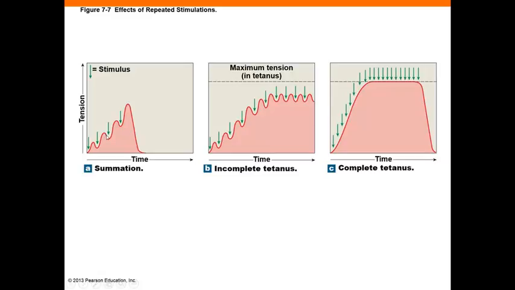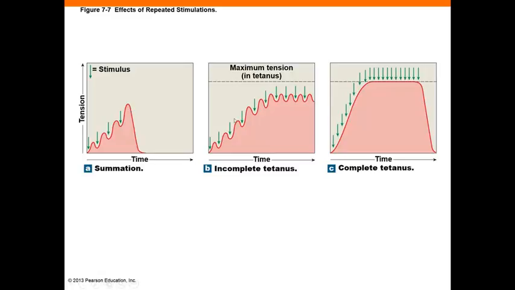As you start to enter relaxation, you get another stimulus which increases the tension. Another stimulus increases tension. Okay, so at that point you have enough tension to accomplish your goal and the relaxation period concludes. So this is an example of summation and how you can build tension by increasing the number of stimuli on a muscle fiber.